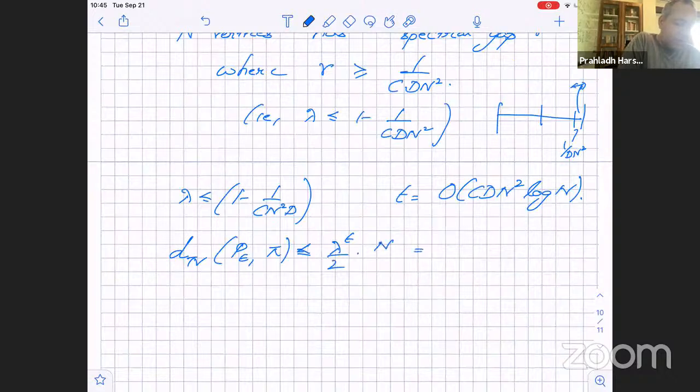This will go down to something like order 1 over, you can make it some order n to the 1 over 100. You can make the total variation distance go down.